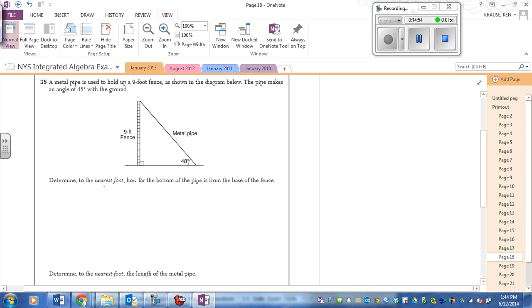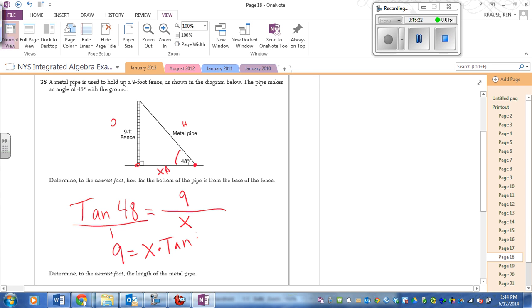Determine to the nearest foot how far the bottom of the pipe is from the base of the fence. So we're looking for x here. Opposite and adjacent, so we're going to use tangent 48 equals opposite, which is 9, over adjacent, which is x. Multiply: 9 equals x times tangent 48.